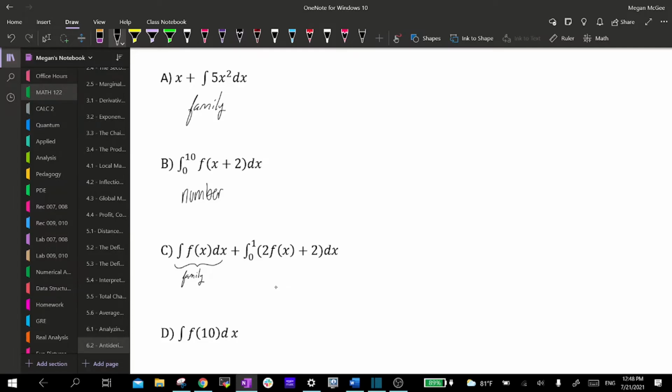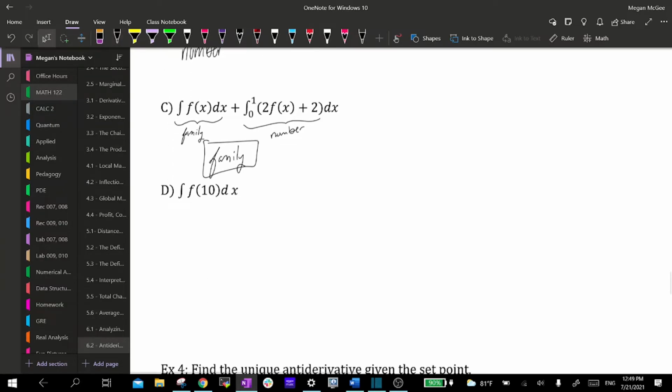We have a definite integral, which gives us a number. But overall, we just have a family plus a number, so it's still a family. Okay?